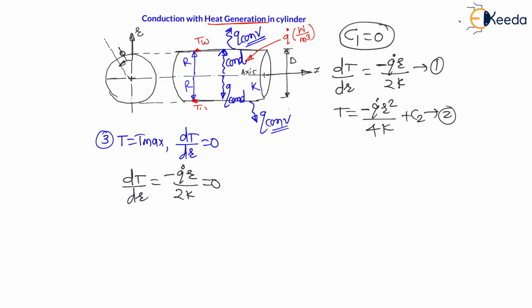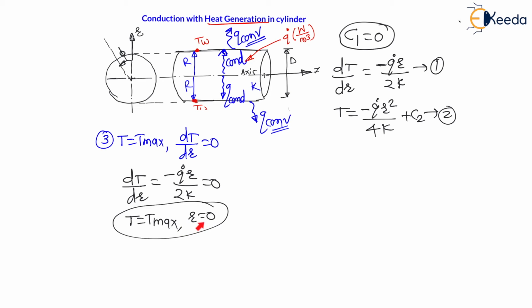In this expression, the thermal conductivity will have some finite value. K cannot be infinite, and q dot also cannot be 0 because it is a heat generation problem. Therefore, there will be some amount of heat generated, and k has a finite value. Therefore, for the equation to be 0, R must be equal to 0. Whenever the temperature becomes maximum, the radius will be equal to 0. That means on the axis, the temperature will be the maximum temperature.